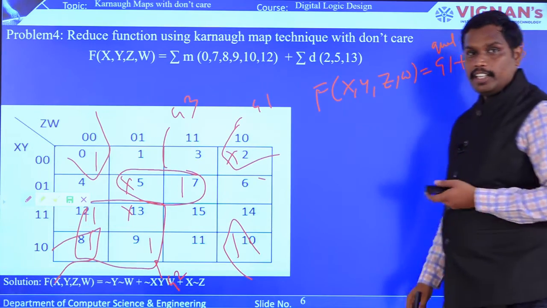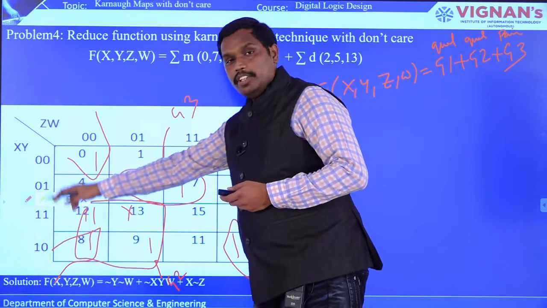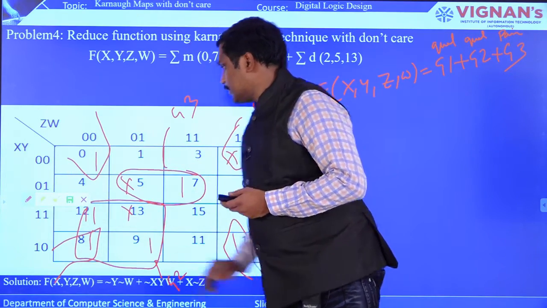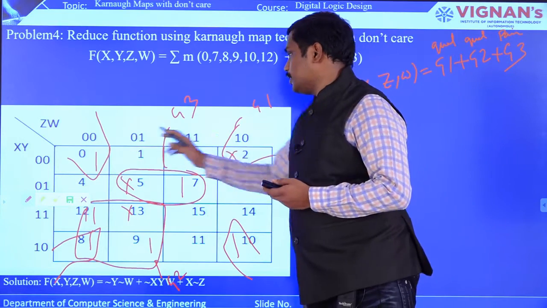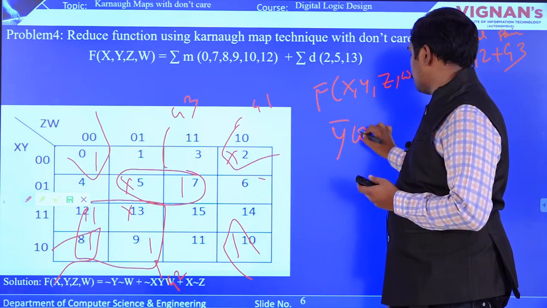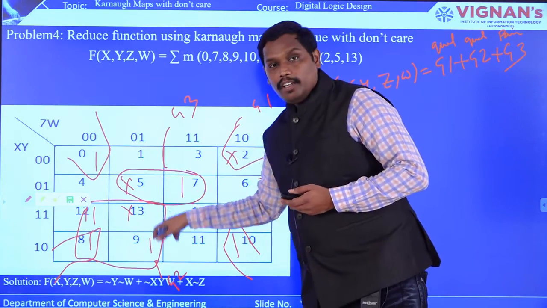So now you are going to derive an expression for G1, G2, G3. For G1, the commonality that you can see in the row is Y bar, and then in the column you can check that it is W bar, plus G2. G2 is a quad.